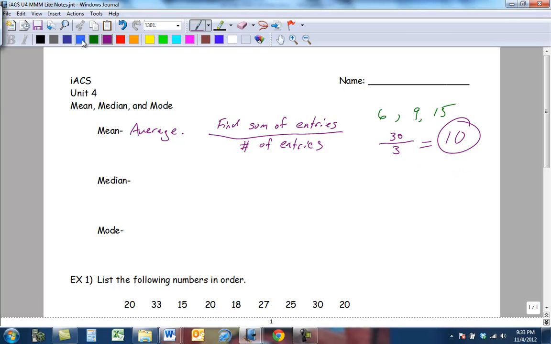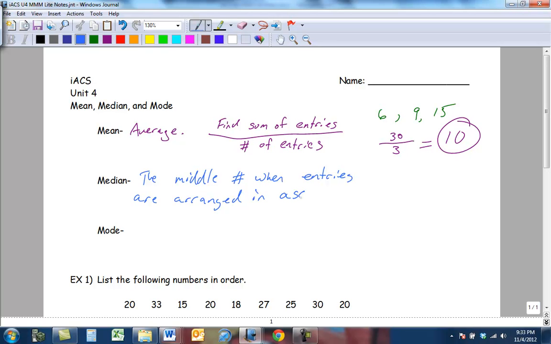All right, now that brings us to the next thing we're going to talk about. Next thing is called median. The median is the middle number when the entries are arranged in order.